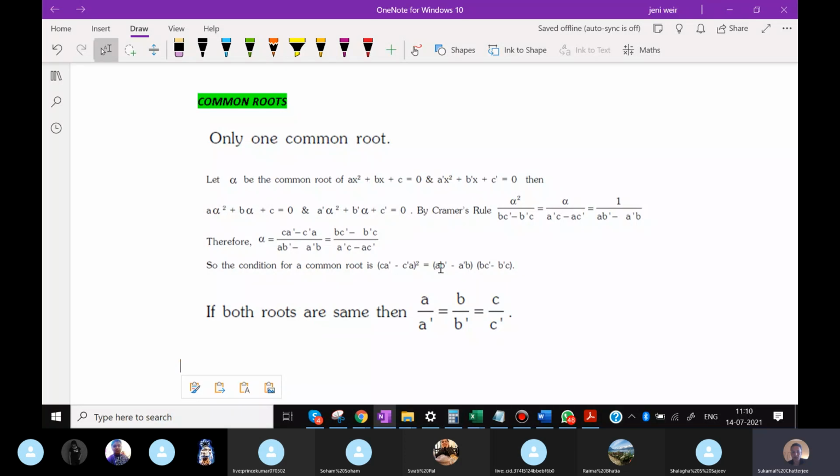Next, if two quadratics have one common root, then the condition for that is this one.